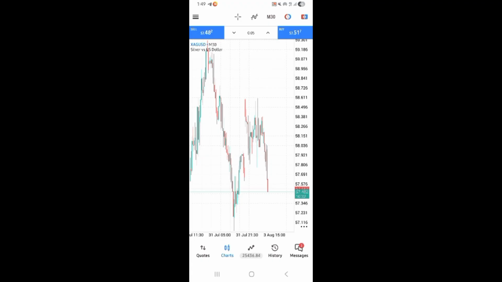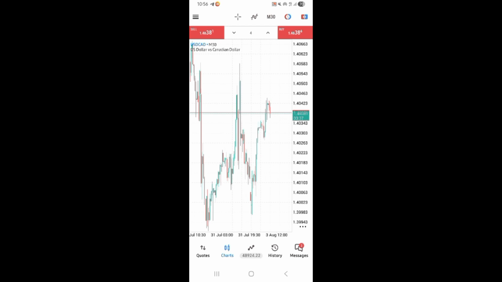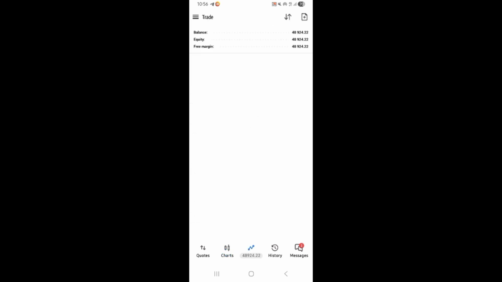So guys, last trade of the day, I just caught a move on XAG, but I didn't trade it on my 50k account. I traded on my 25k account. I sold XAG, same entry.